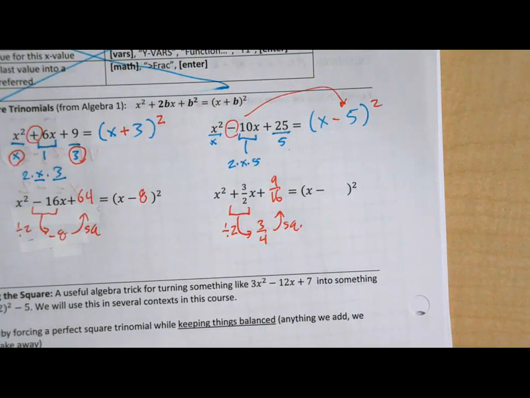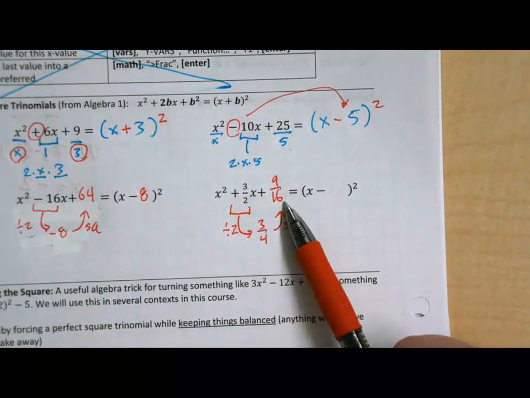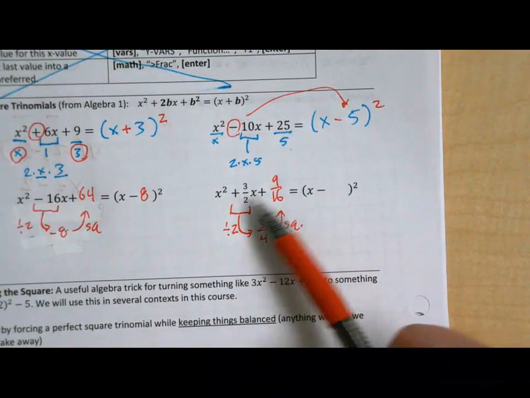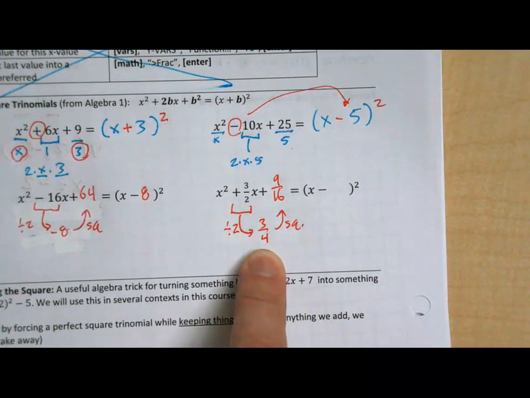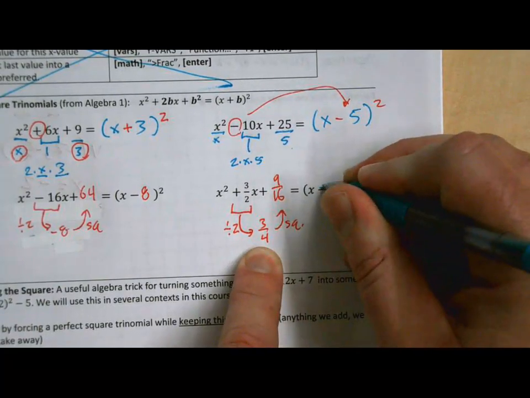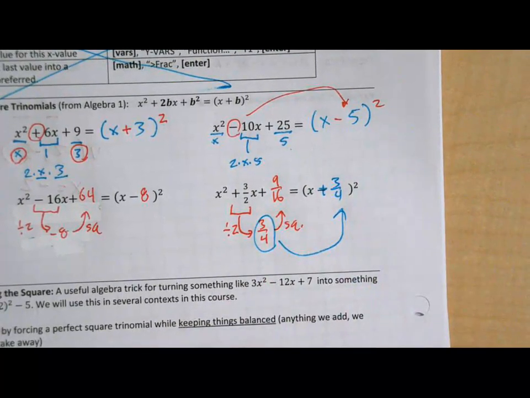So we just took this incomplete trinomial and we completed it so that it would be a perfect square. And because it's a perfect square, now we can conveniently factor it into x, and this should be plus 3 over 4. This number here is always going to appear inside of your factors.